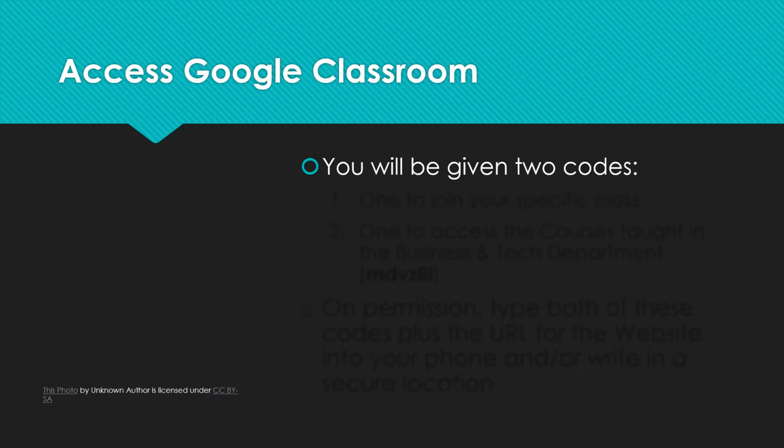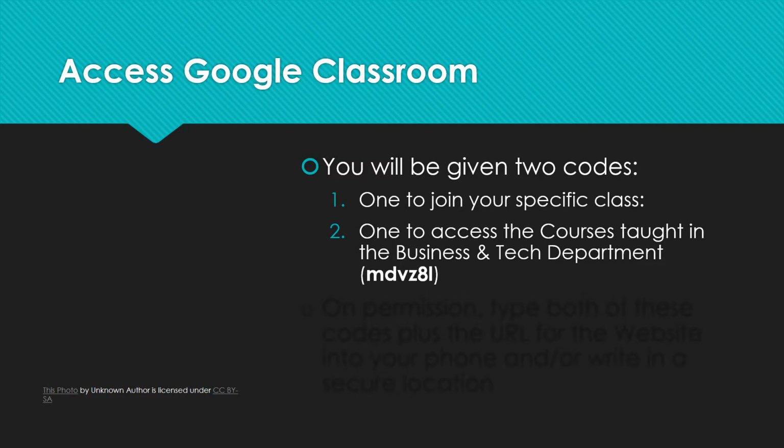You will be given 2 codes, one to join your specific class and another one to access the courses taught in the business and tech department. That code is MDVZ81.